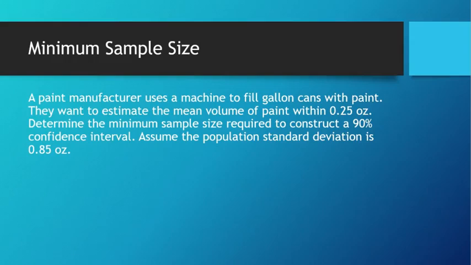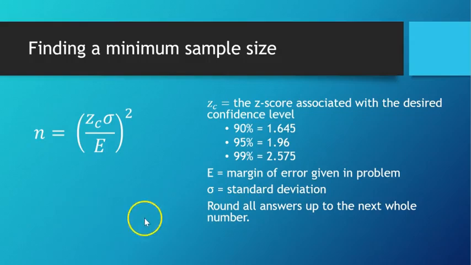All right, so we have a formula that we can use to calculate the minimum sample size. So here's the example that we have. They want to estimate within 0.25 ounces for a 90% confidence interval. So here's the formula. Okay, the minimum sample size is equal to ZC, that is the Z-score.